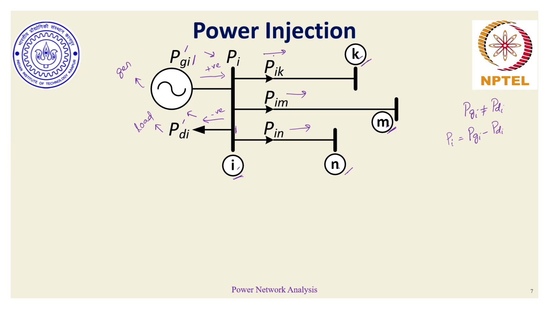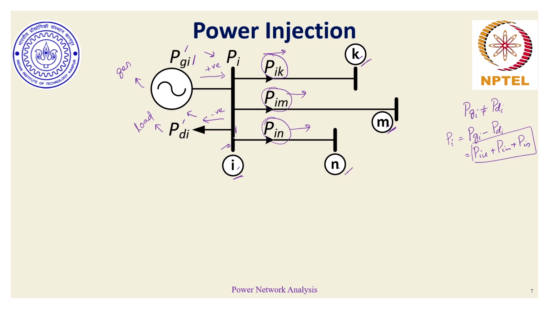And the corresponding real power flows, which are Pik, Pim, Pin, should together add up to this particular injection, because as per conservation of energy or conservation of power, excess power if it is present or deficit power if it is present, has to be accounted for as flows into the network, because we are not considering any storage device at all on bus i.